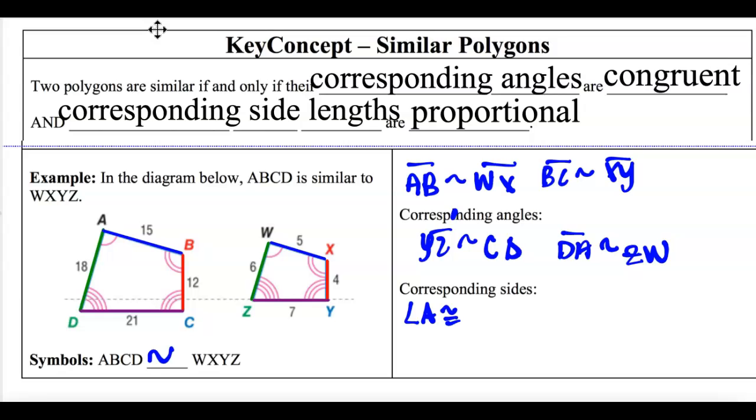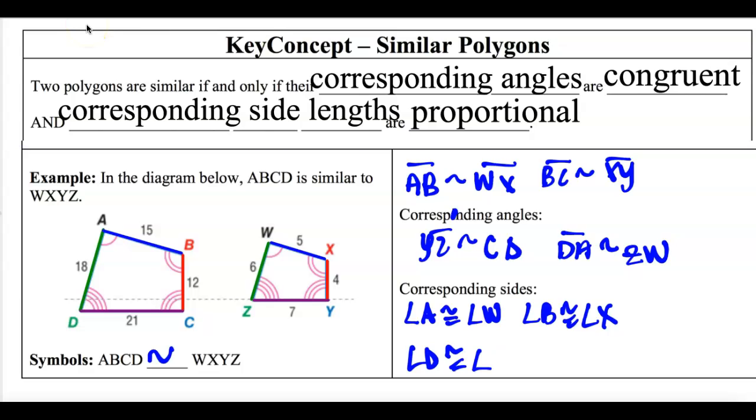So angle A is congruent to angle W. Angle B is congruent to angle X. Angle D is congruent to angle C. Nope, that's not correct. D is congruent to angle Z. And our last one is angle C is congruent to angle Y.